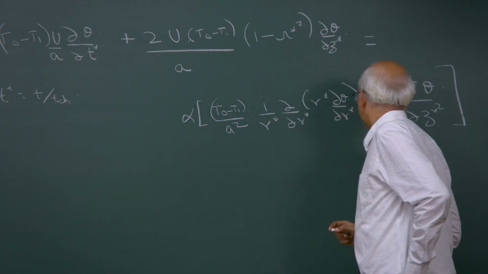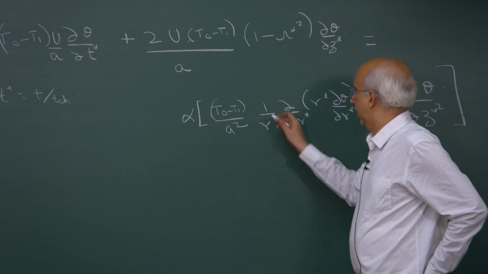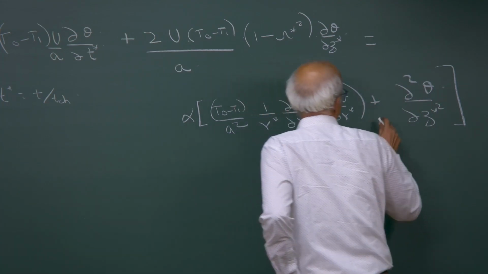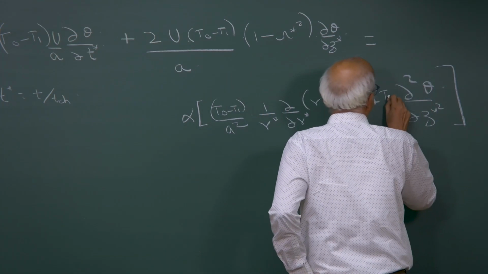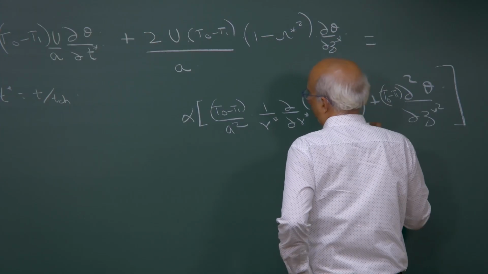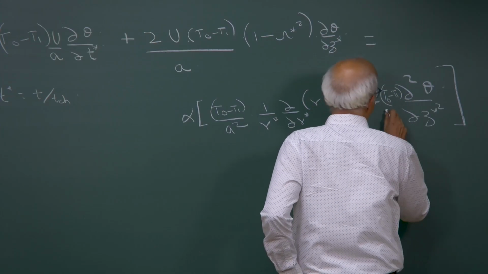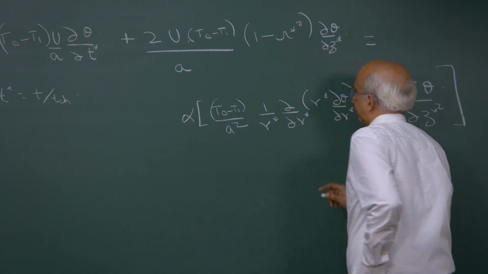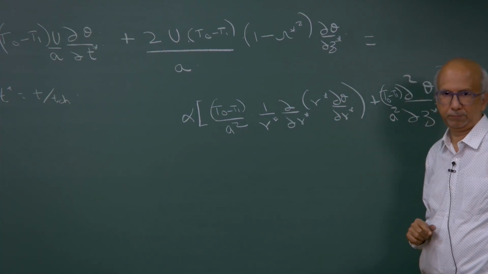Just made it dimensionless. So, like I said, I am just going to do this once, although the T naught minus T1 here, and there is an A squared here. Okay.